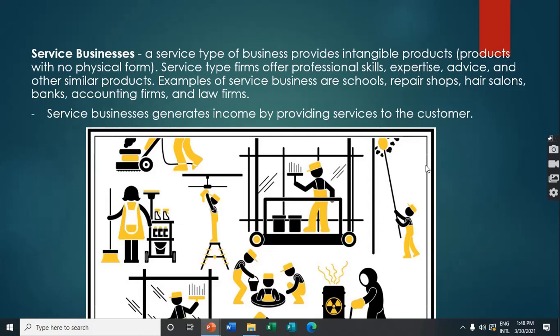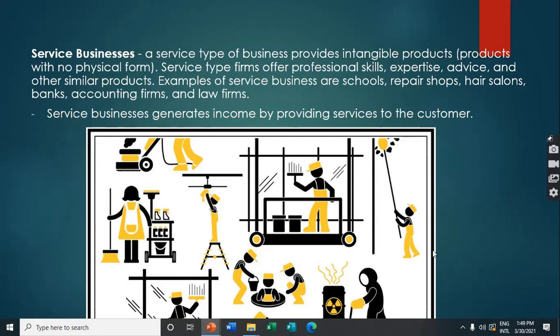Examples of service businesses are schools, repair shops, hair salons, banks, accounting firms, and law firms. Hospitals are also considered a service business, because they provide a service and what you pay for is a service. Service businesses generate income by providing services to the customers.